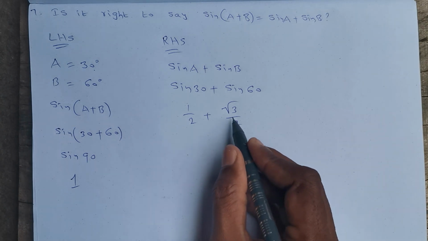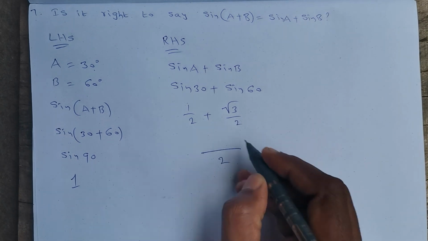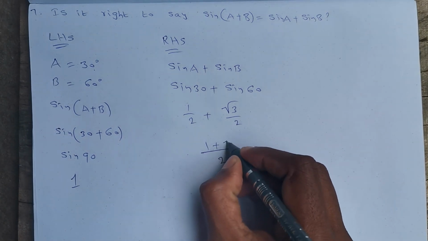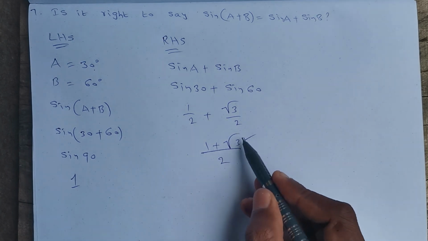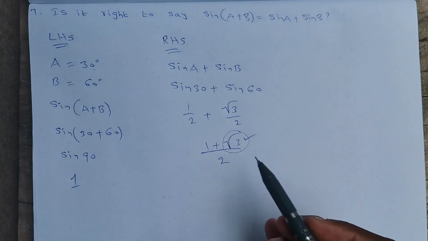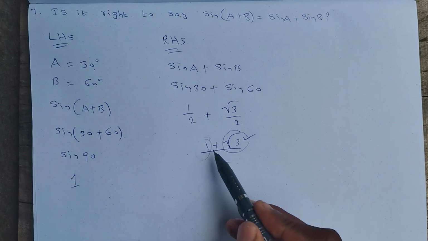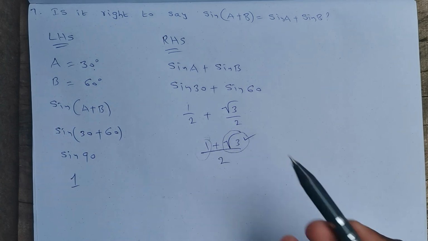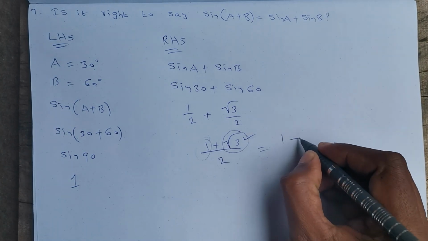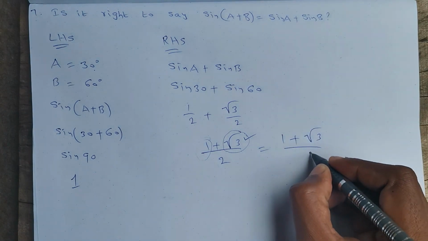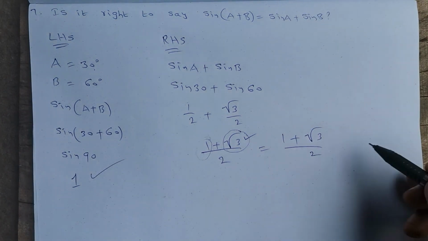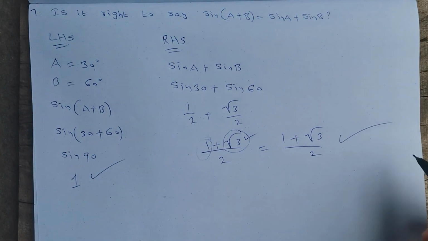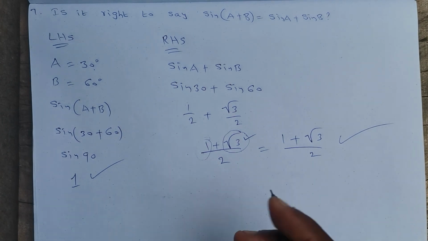Here both the denominators are same, so let us add the numerators. 1 plus root 3. Here root 3 is an irrational number, whereas 1 is a rational number, so we cannot simplify this further. So the final answer is 1 plus root 3 divided by 2. Here we got the LHS as 1, whereas the RHS is 1 plus root 3 by 2. Both are completely different. Both are not at all equal.